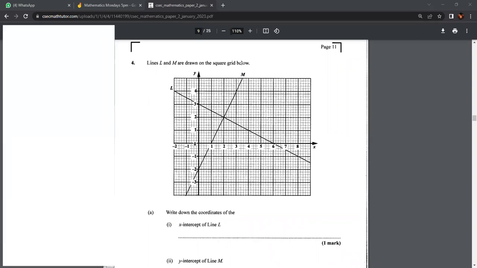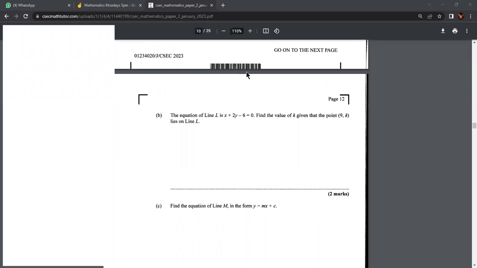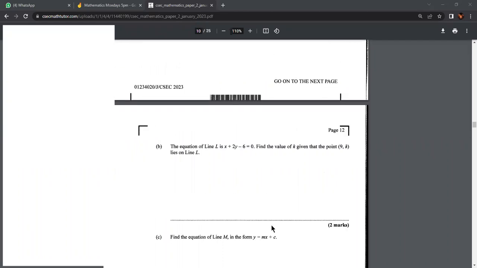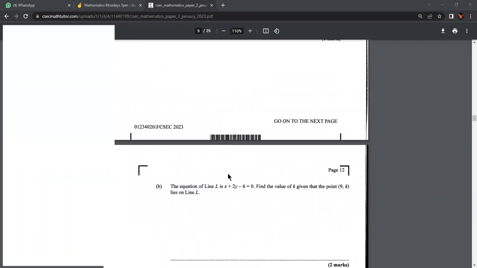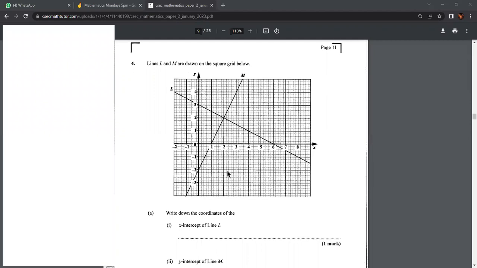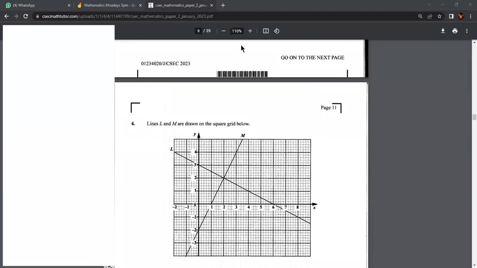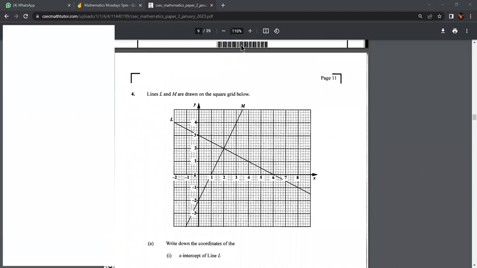Right, so they told us to find the equation of line M in the form y is equal to mx plus c. So you go back up to your graph.